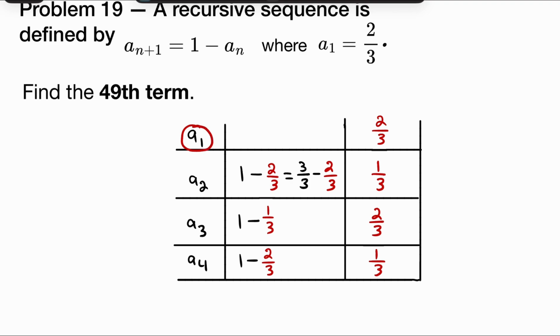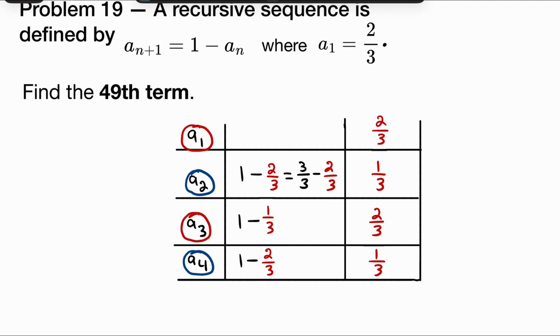So a sub 1 and a sub 3 have the same value of 2/3. And I also want you to see that the even numbered terms, a sub 2 and a sub 4, have the same value as well. That is 1/3. So we could see that it alternates, right?